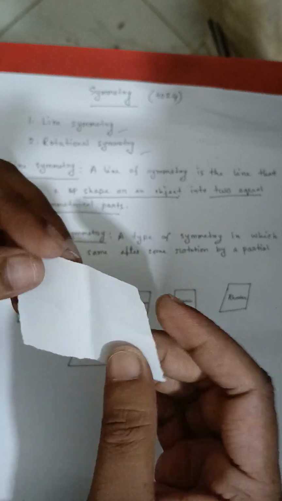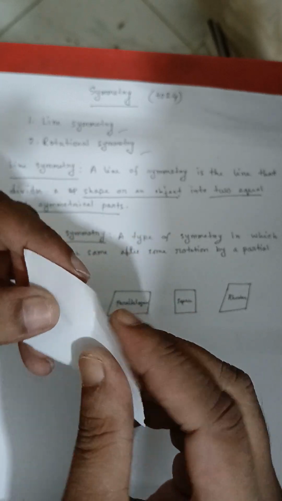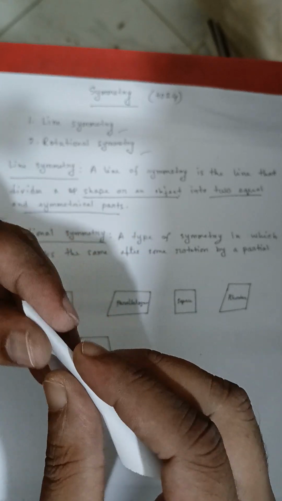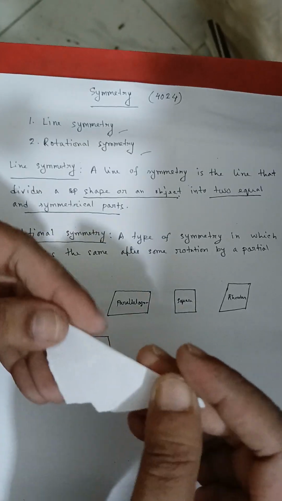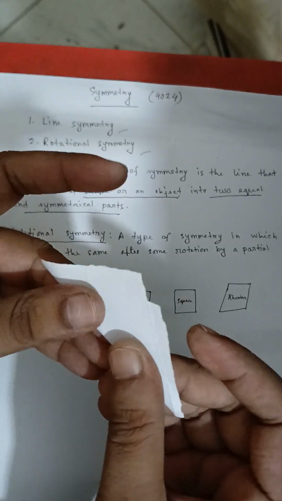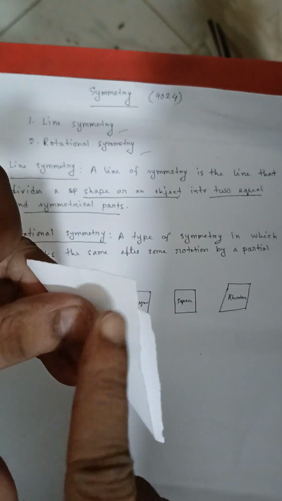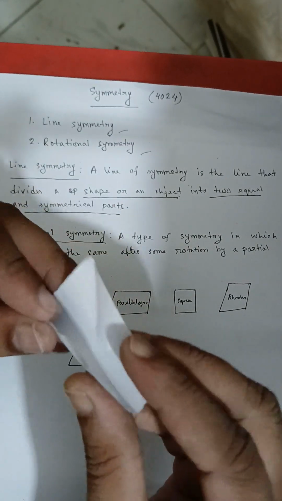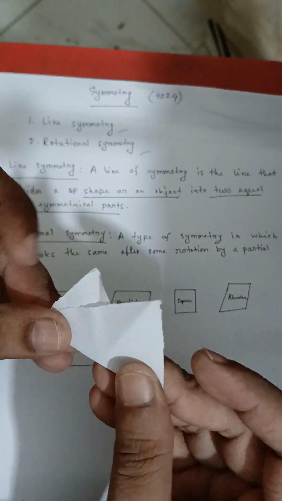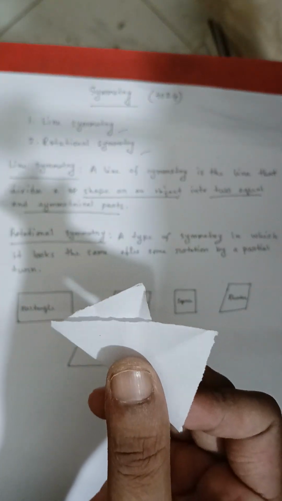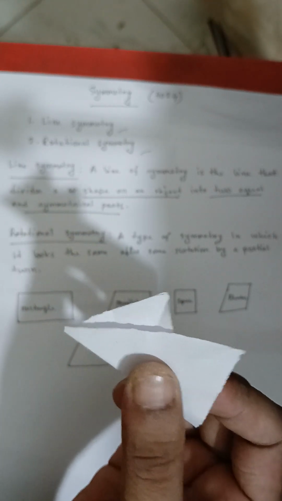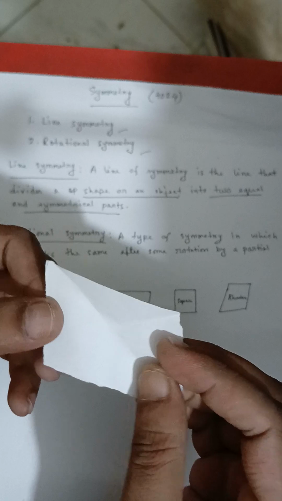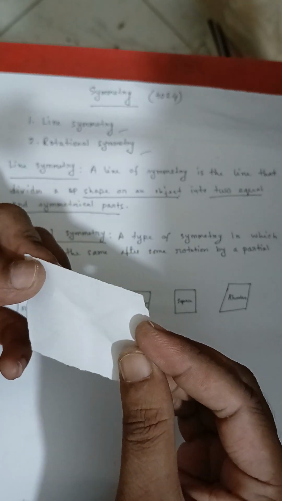So it is not a line of symmetry. If I fold it diagonally, it doesn't match, and the diagonals do not match. So I can say it has no line of symmetry. Okay.